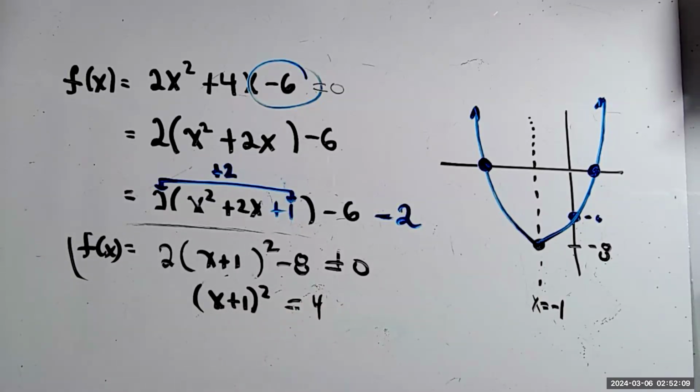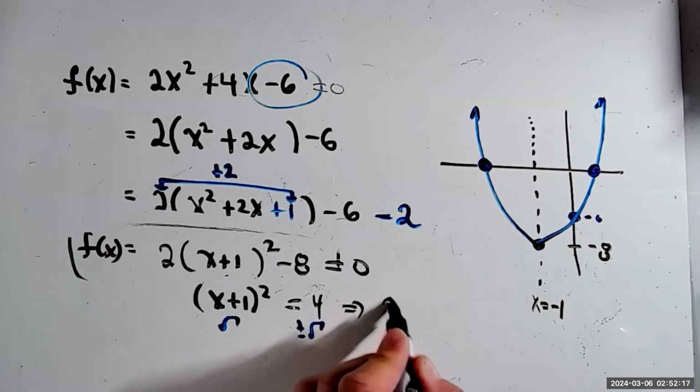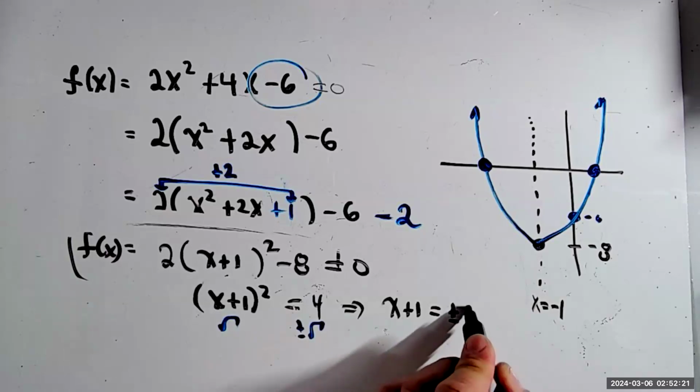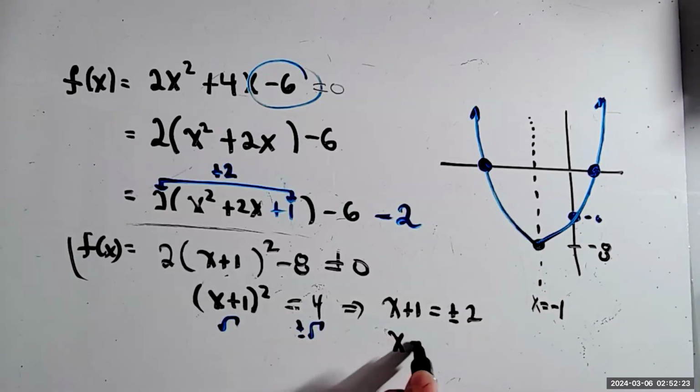How do I get rid of the square? We simply take the square root, plus or minus. So what do I have? x plus 1 equals plus or minus the square root of 4, which is 2. Therefore, x equals negative 1 plus or minus 2.